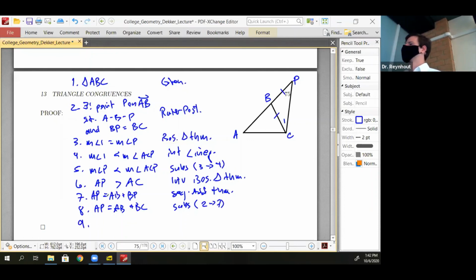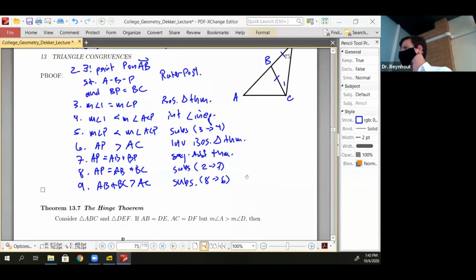And then the last step is to make that substitution that we want, replace AP in this inequality. So we will have AB plus BC is greater than AC by substituting line 8 into line 6. And that is exactly what we wanted to show. Yay! A little long, but not too bad.